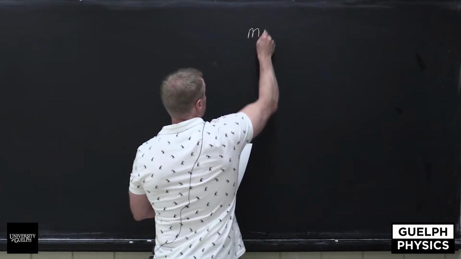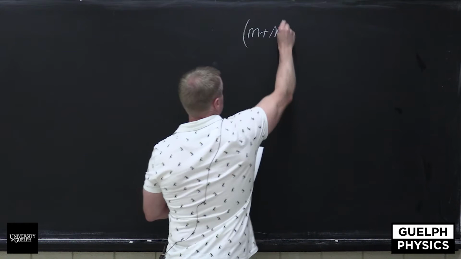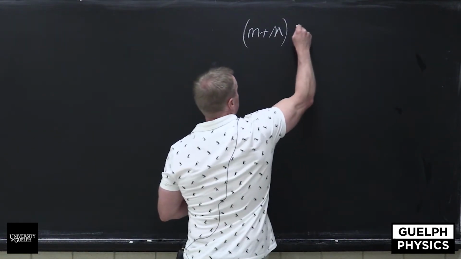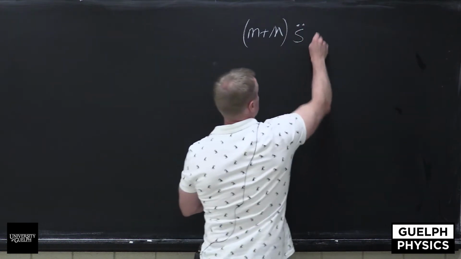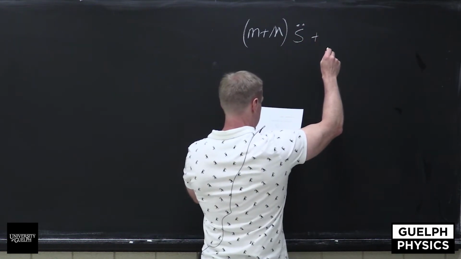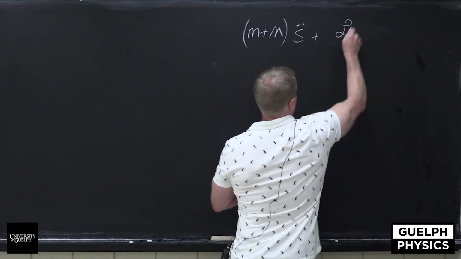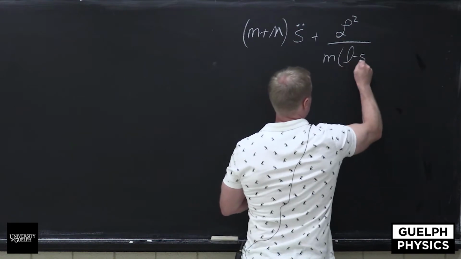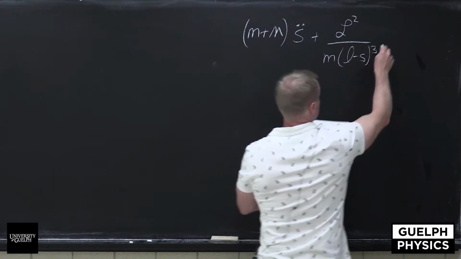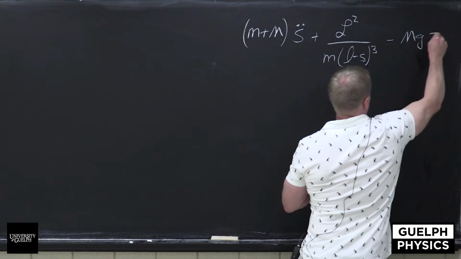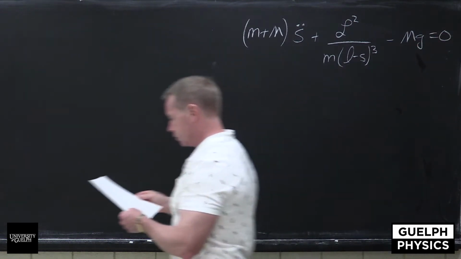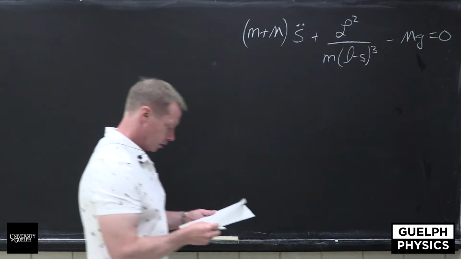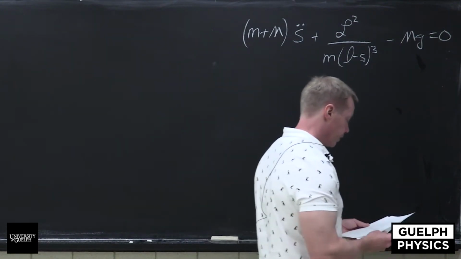The equation of motion: (m plus M) s double dot plus mL squared over (mL minus s) cubed minus mg equals 0. So this is the equation that we're dealing with.